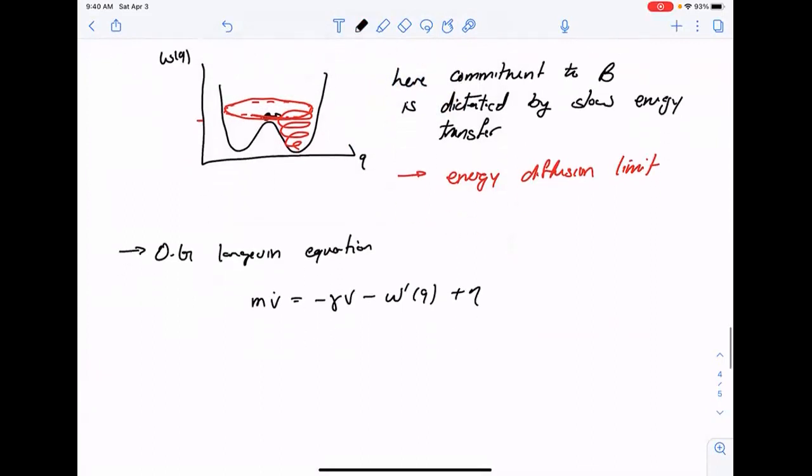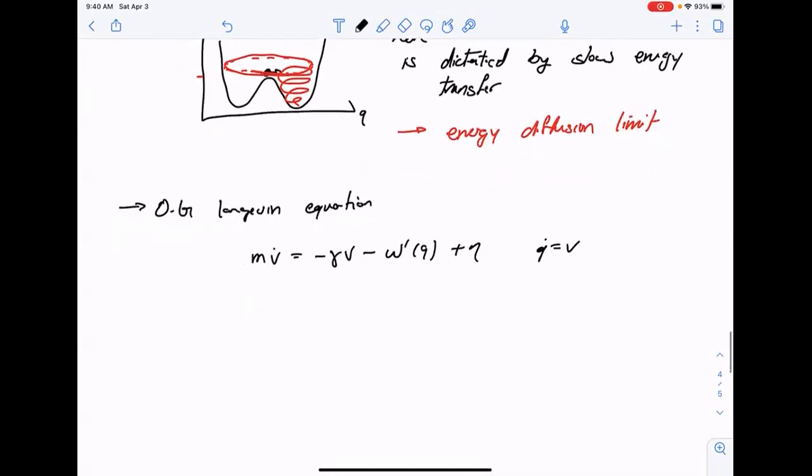And instead of manipulating the Fokker-Planck equation in real space, we could write down a Fokker-Planck in energy, specifically Q dot. So what is the energy? The energy of the system in the underdamped limit has a velocity component. That's the kinetic energy. It also has a potential component.